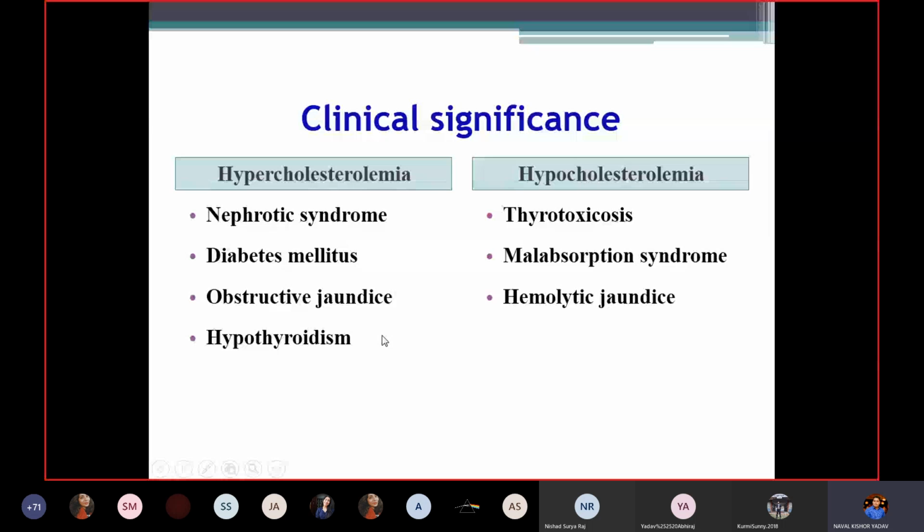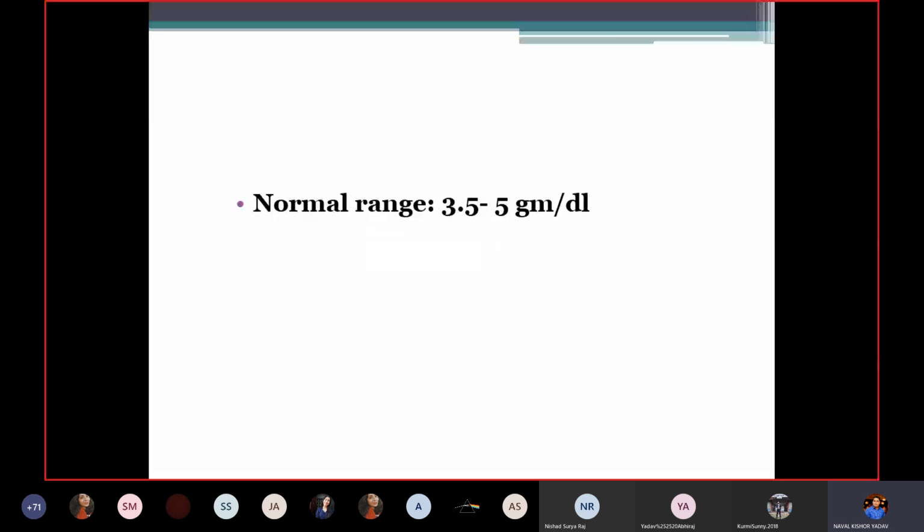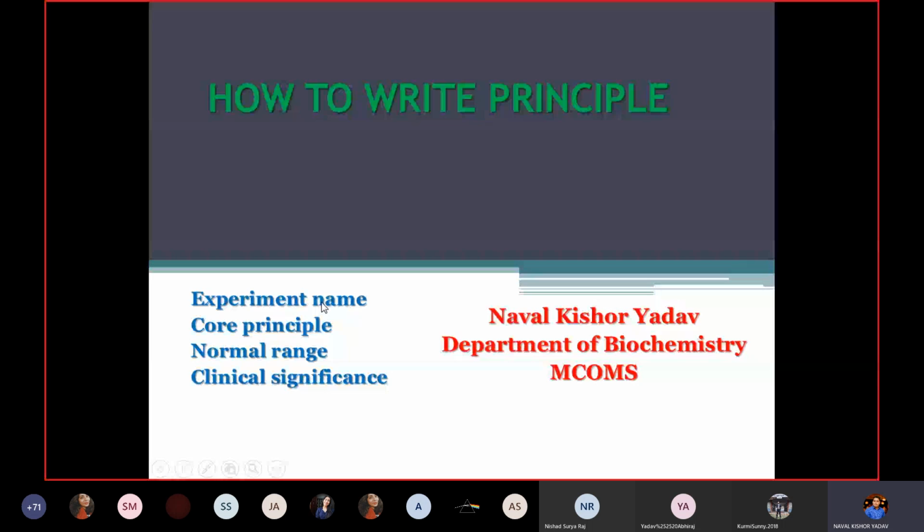So these are the experiments you have performed during your first year, second semester. As I mentioned, you have to mention all these 4: experiment name, core principle, normal range, and clinical significance. I will upload this slide, so go through that. Then only you will get the full marks.